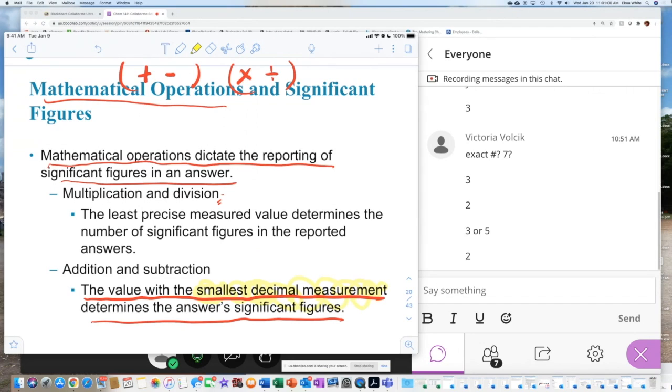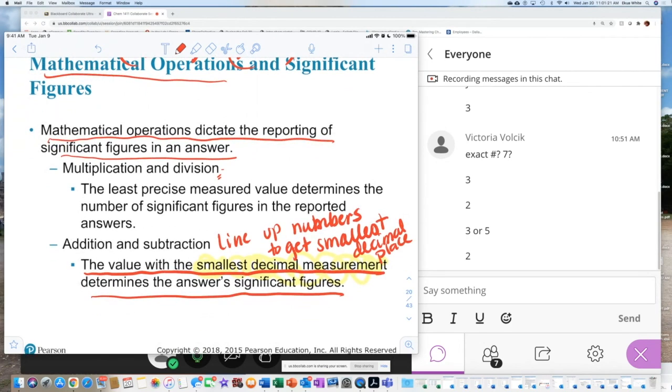The rule is, they haven't said this, I'm paraphrasing: line up numbers to get the smallest decimal place. And then after you do that, your answer should have the smallest decimal place you were able to figure out. So first of all, you line them up.